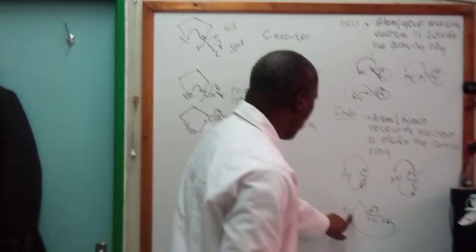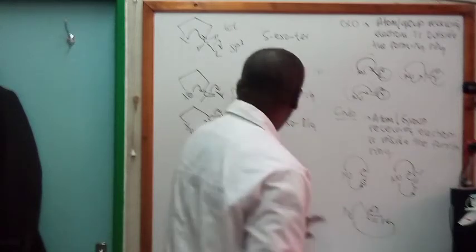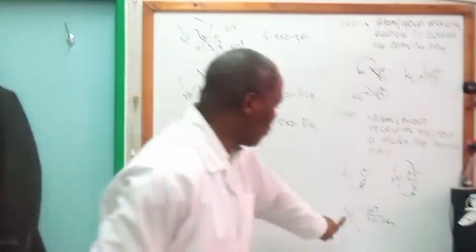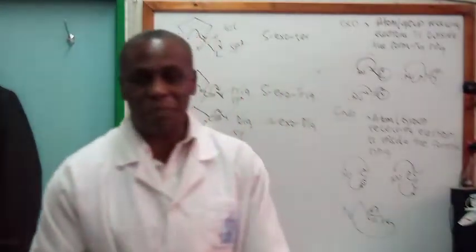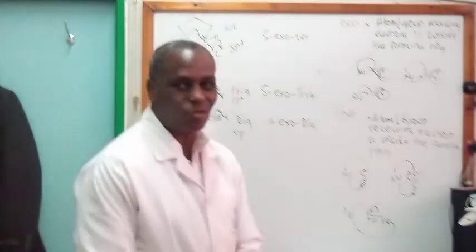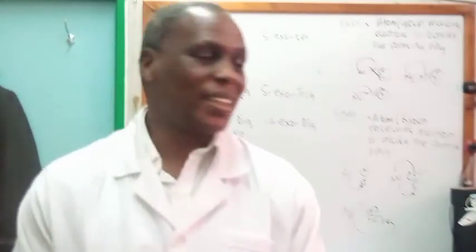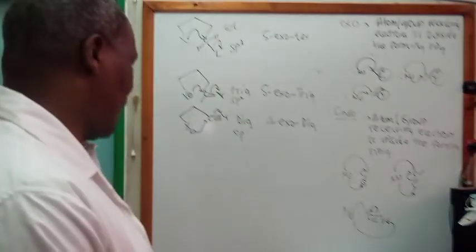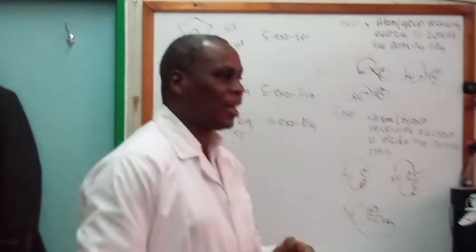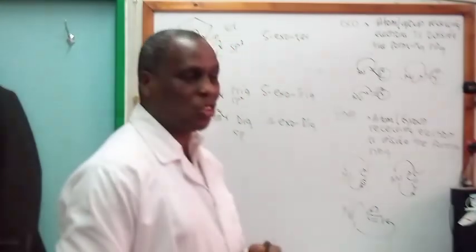So it would have been a 4 endo dig, if the electrons would have been ending up like that. Are we together? So those are the various descriptions for the ring closure.